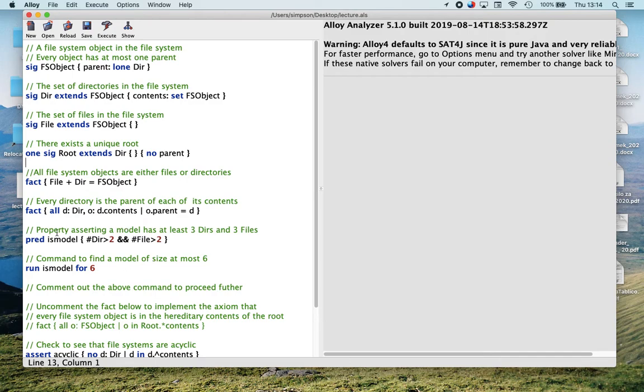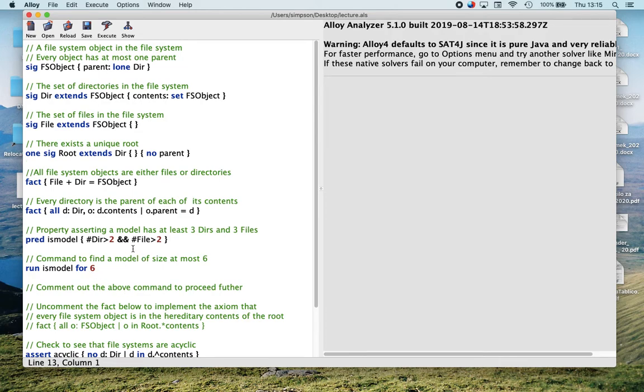And now we can try to see if our axioms are consistent. I mean, it's very obvious that they are consistent because the file systems we actually have on computers pretty much satisfy these axioms anyway.